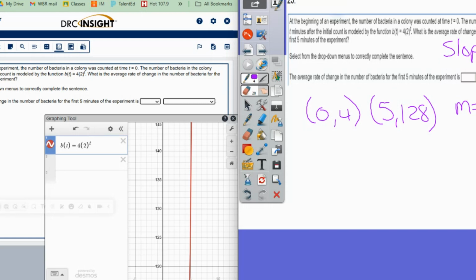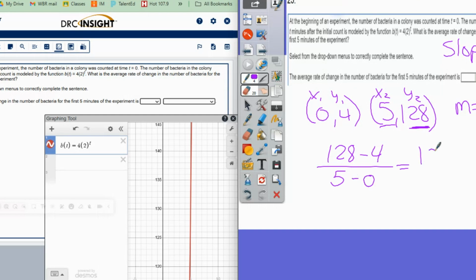If it helps you to label your ordered pairs, this will be my x1, my y1, x2, y2. It doesn't really matter which one goes first, just so if I want to use the 128, I have to start the x with the 5, okay? So let's do y2, 128, minus y1, 4, over 5 minus 0.